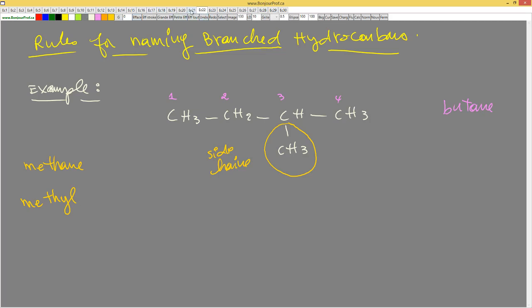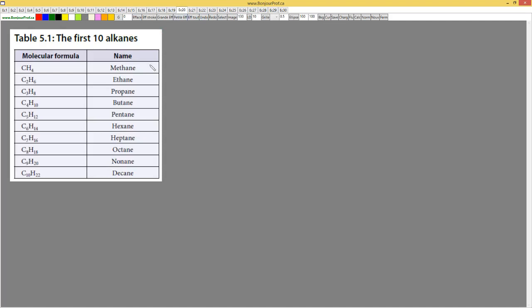Now I'm going to give you some rules here. When we have 1 carbon in a side chain, we call it methyl.